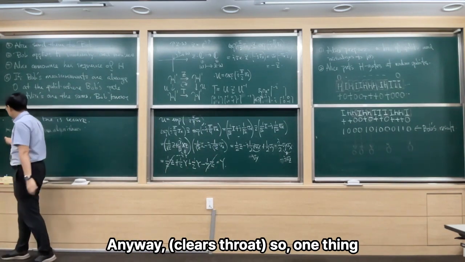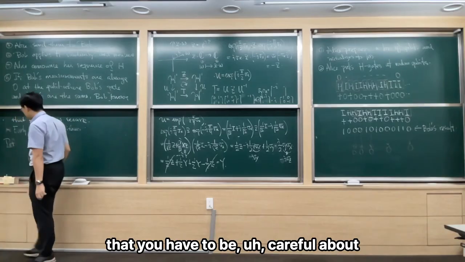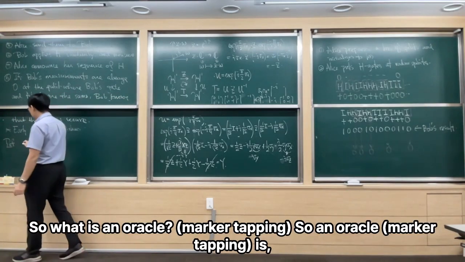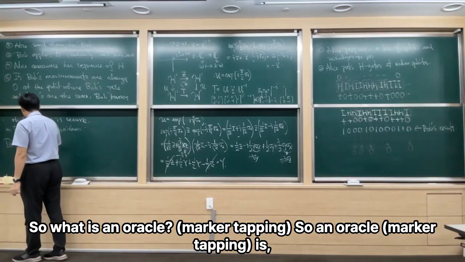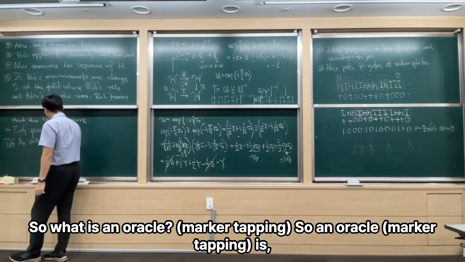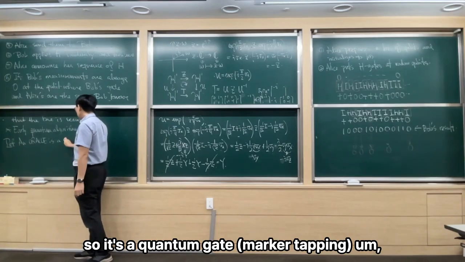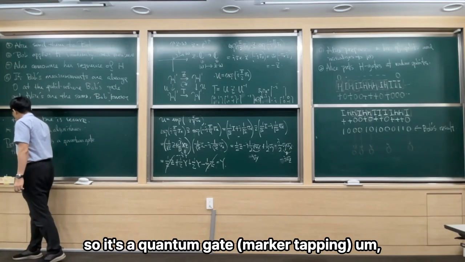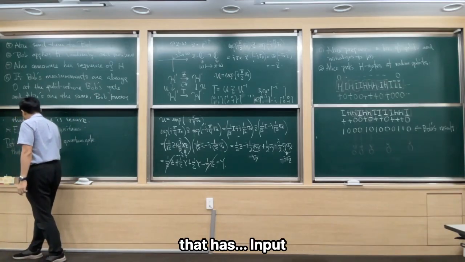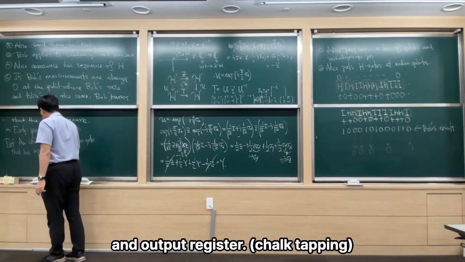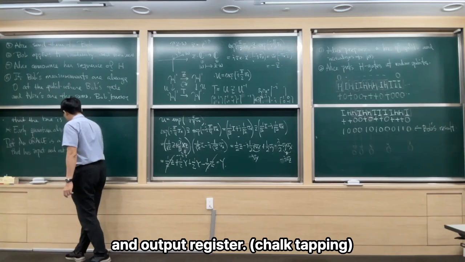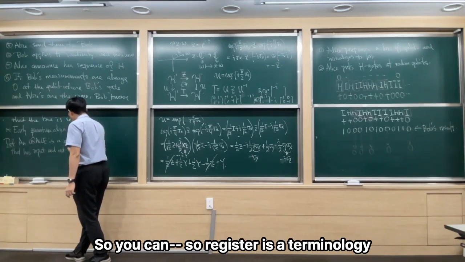Anyway, one thing you have to be careful about is that whenever we talk about a quantum algorithm, it involves an oracle. So what is an oracle? An oracle is a quantum gate that has input and output registers.